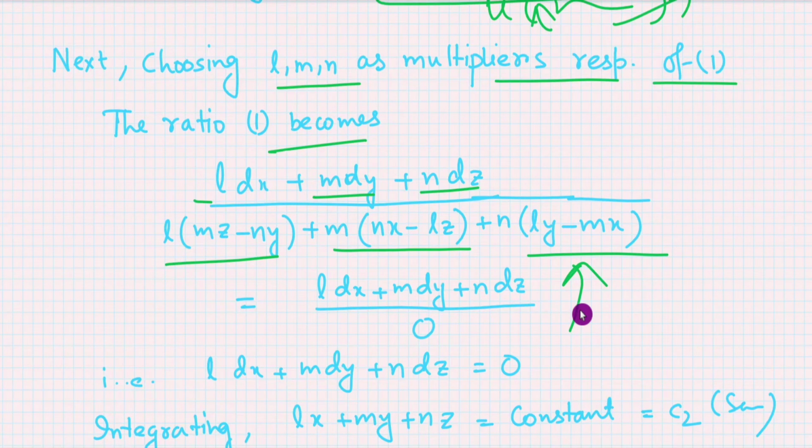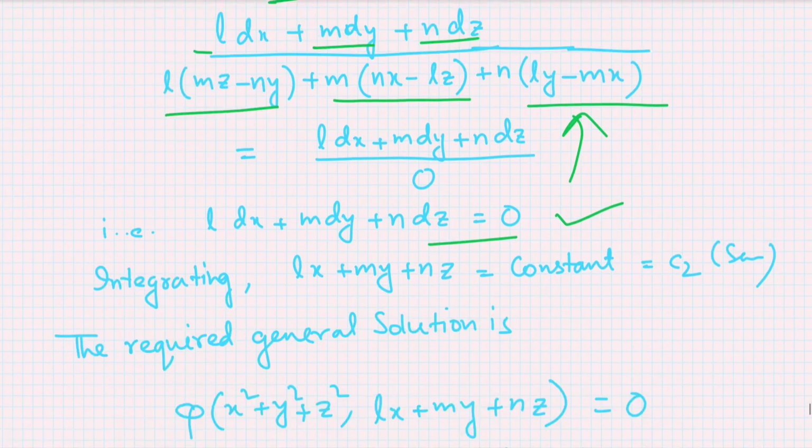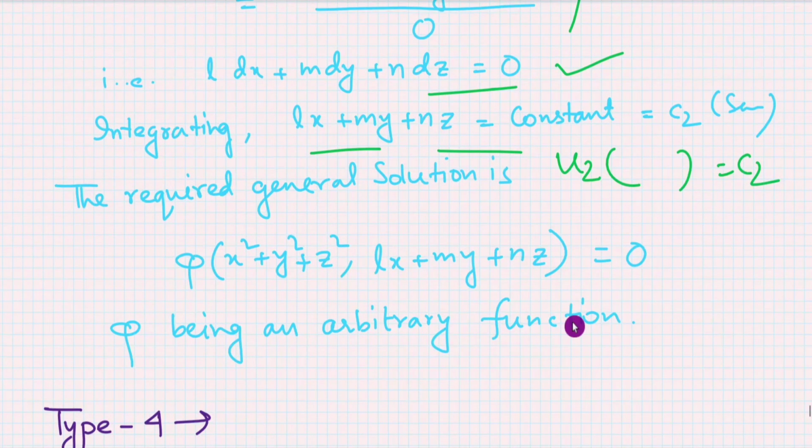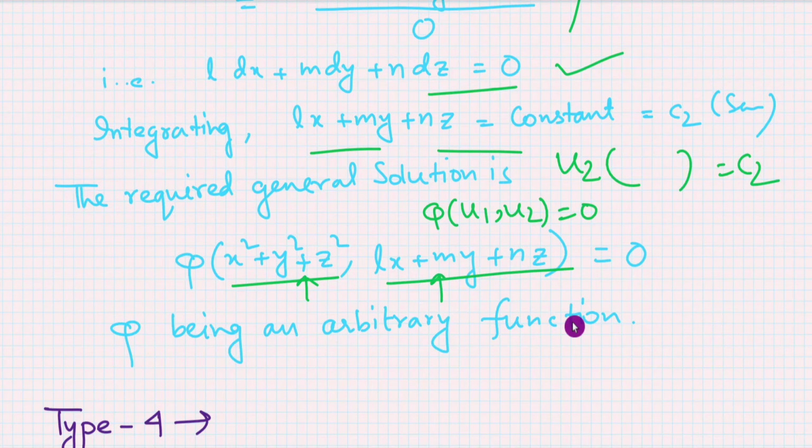Then the numerator is also 0, and integrating the numerator we get lx plus my plus nz equal to a constant, say c2, and we get the function u2(x, y, z) equal to c2. Then we write the solution phi of u1, u2 equal to 0. That means phi of (x square plus y square plus z square, lx plus my plus nz) equal to 0, phi being an arbitrary function.